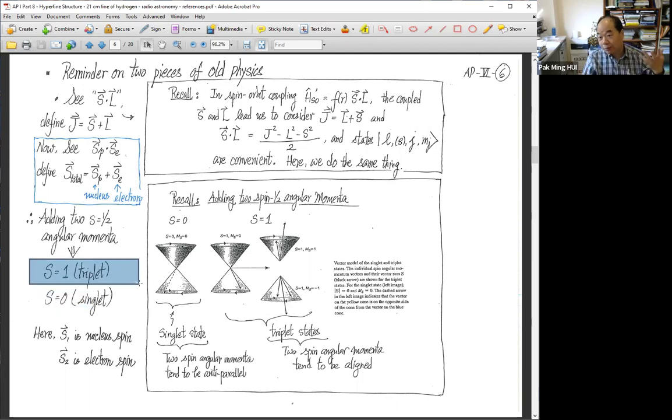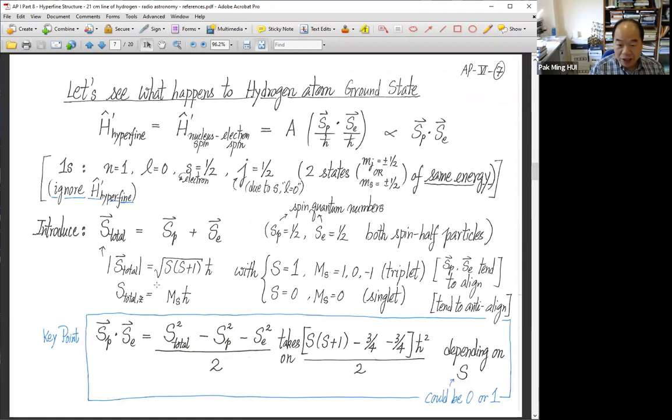Okay, and that corresponds to 4 total states. 2 spin, you can have up, up, down, down, down, up, down. Okay, but there are linear combination of this down, up, down that makes up this triplet MS equals 0 and singlet state. So with this background, we can actually carry out the hyperfine structure discussion.